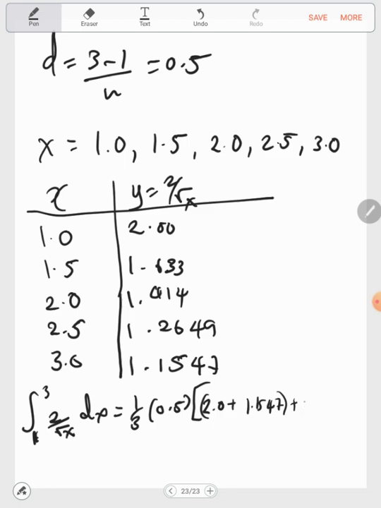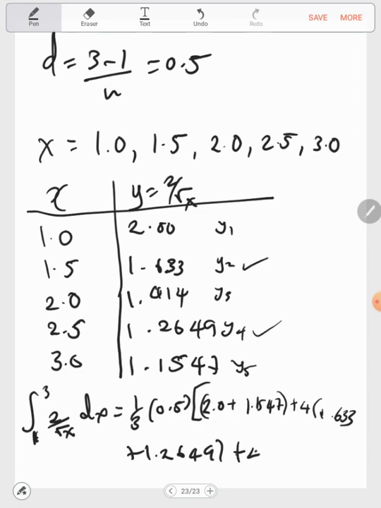After this, we get a 4 and multiply by the even. So this is y1, y2, y3, y4, y5. So the even are y2 and y4, which are 1.633 plus 1.2649.